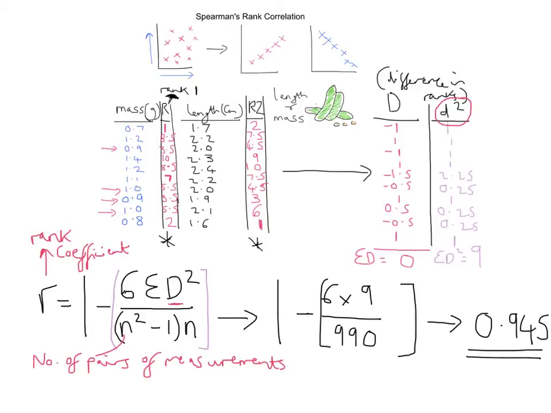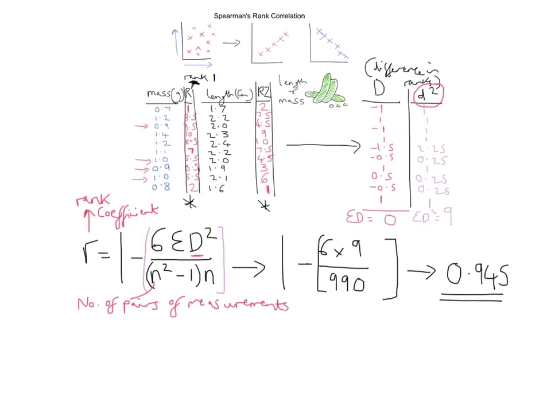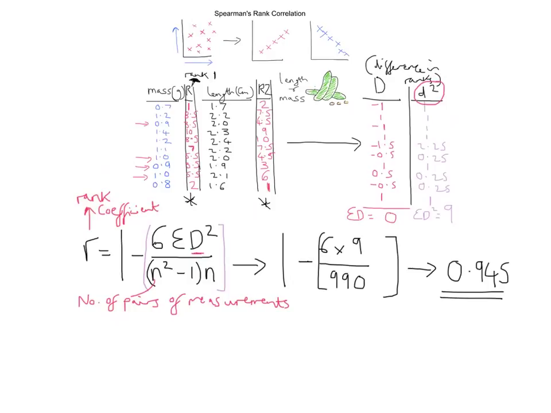Now you're probably thinking at this point, that's a random number, it means nothing. But it's very telling. The correlation coefficient can be any value between 1 and -1. So we've got a number here of 0.945. It can go from 1 all the way to -1.